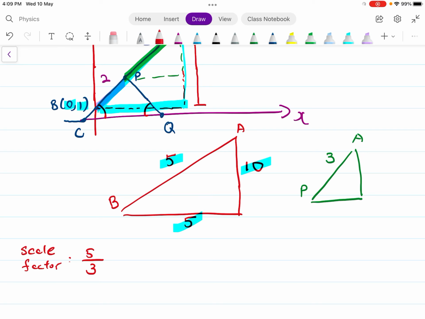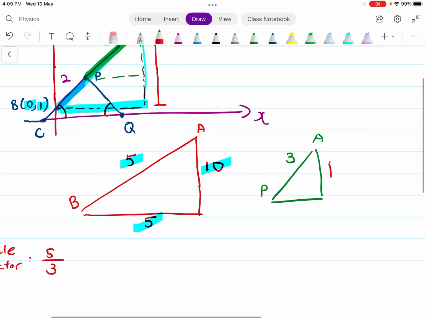For this small triangle, let's determine the height. The height is 10 times 3/5, or you can do 10 divided by 5/3, it doesn't matter. If you calculate correctly, you should get 6. So the height of the small triangle is 6 units.